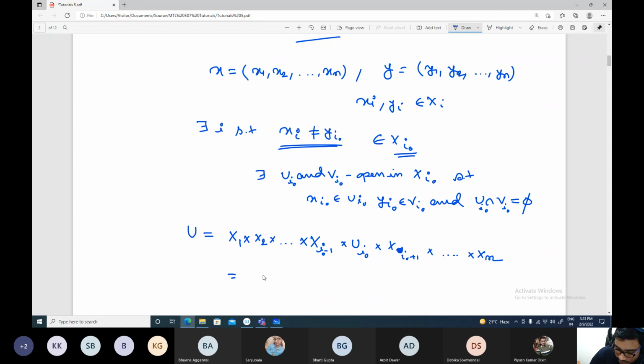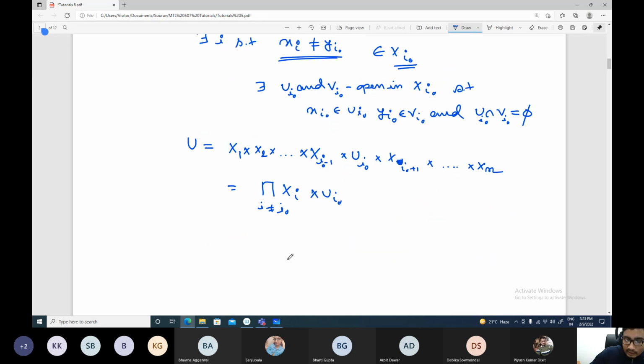Or simply you can say the product of Xi for i not equal to i naught, cross U i naught. And similarly your V will be the product of Xi for i not equal to i naught, cross V i naught, right?